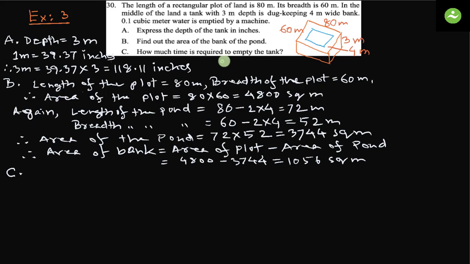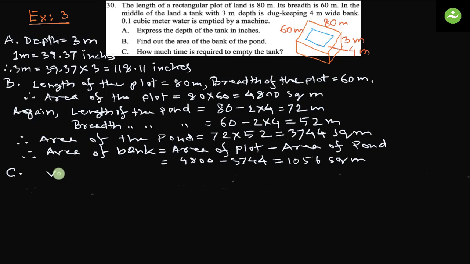How much time needed to empty the tank? To find the answer to the C, we need to find the amount of water, and to find the amount of water we need the volume of tank.